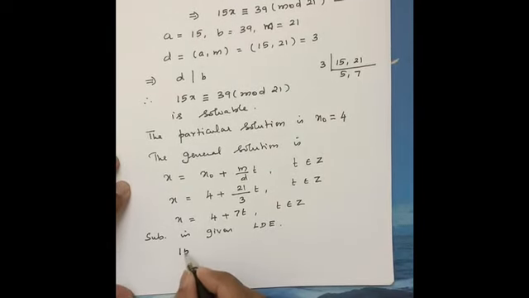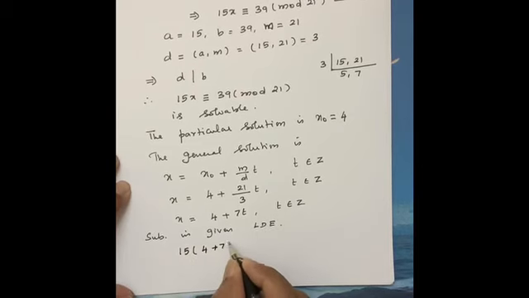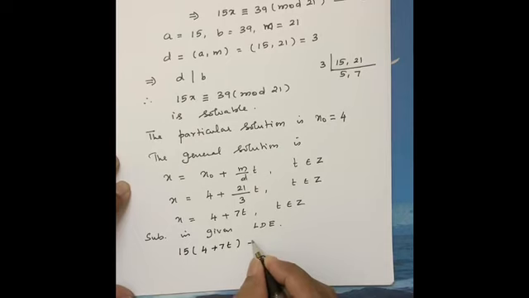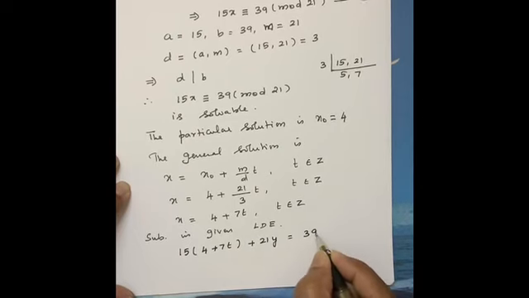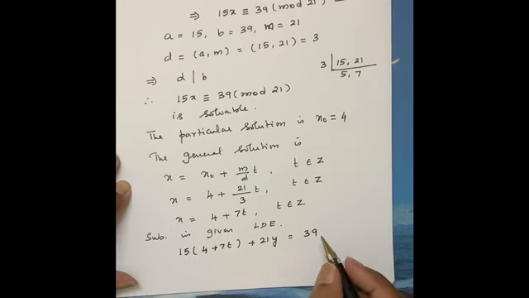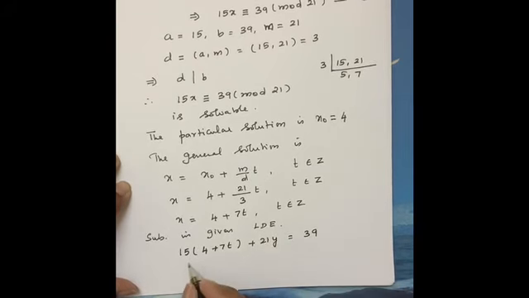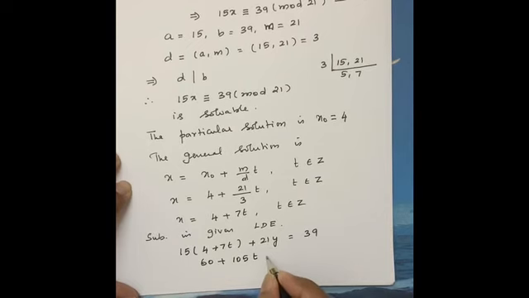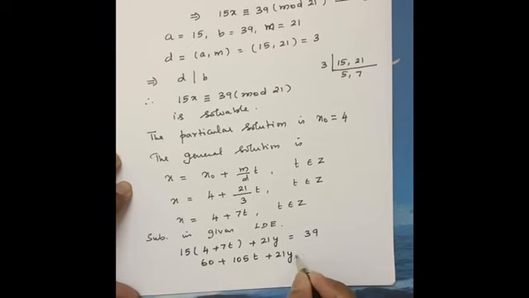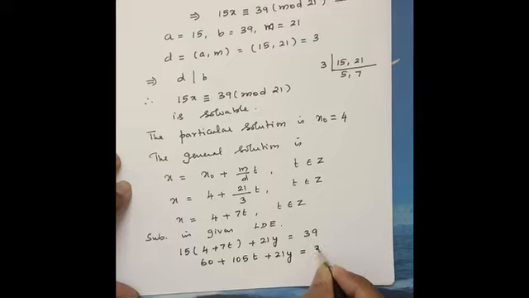So 15 times (4 plus 7t) plus 21y equal to 39. Simplify this, what we are having: 15 times 4 is 60, plus 15 times 7 is 105 times t, plus 21y equal to 39.